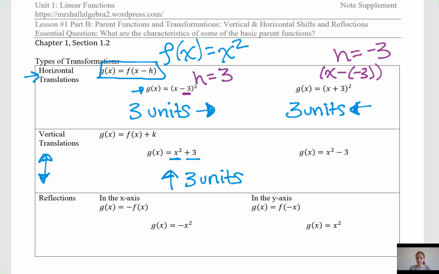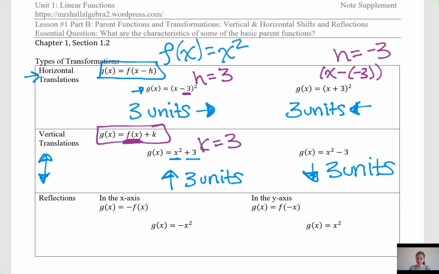And if we have x squared minus 3, we are shifting the parent function, the parent graph, down 3 units. And the general form here is that to perform a vertical translation, that is shifting the graph up or down, you take the original function and you add or subtract k to it. In our first example, k is 3, 3 units up. In our second, k is negative 3, 3 units down.